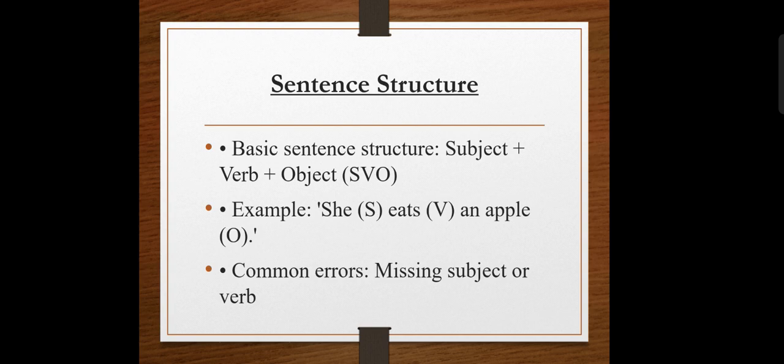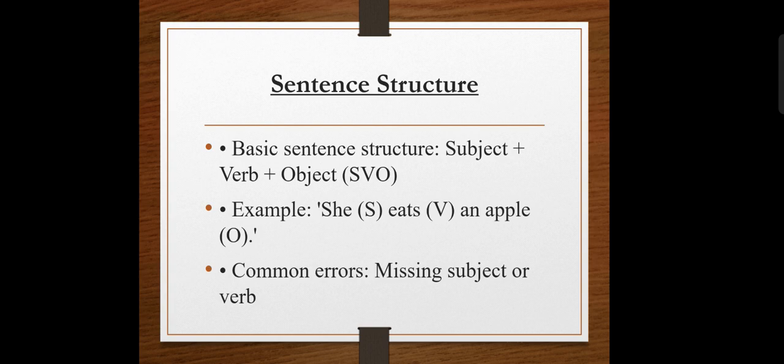But look at the English structure. In English, a sentence follows the structure subject, verb, object. So what is the difference? The second and third positions are interchanged. In Malayalam it was subject, object, verb, but in English it is subject, verb, object. She eats an apple. The common mistakes that we make are missing the subject or the verb.